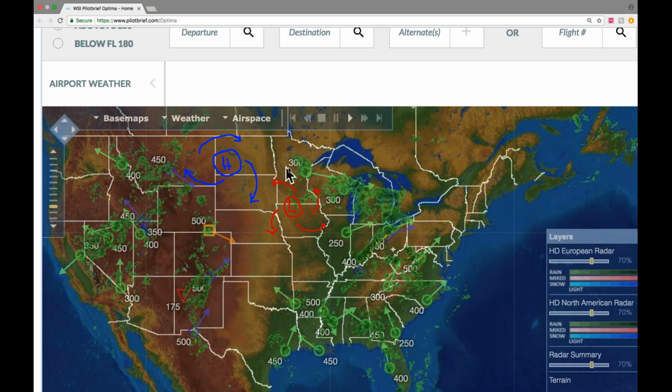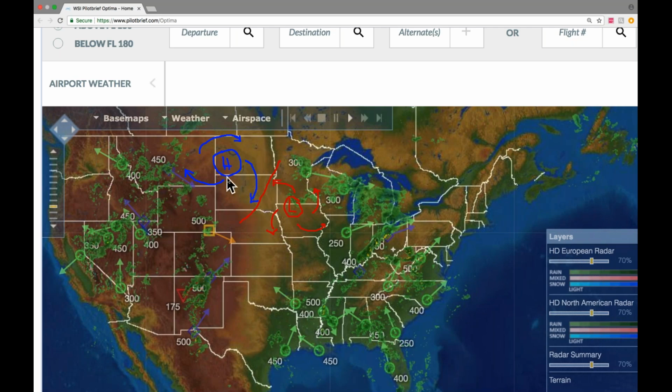So what we have here is when a low converges with a high, what happens is we develop what we call a front. Okay, and what a front is is where a warm air mass is trying to overtake a cold air mass, or vice versa.